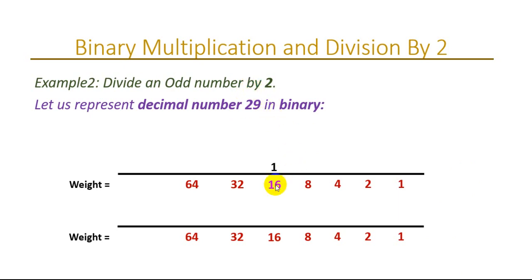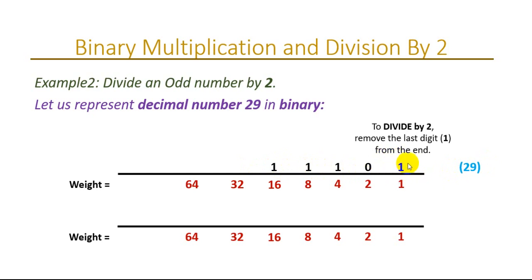How do you write 29? 1 16, 1 8, that is 16 plus 8, 24, 24 plus 4, 28, and no 2's, and 1. That is 24, 28, and 1, 29. So this is how you write 1, 1, 1, 0, 1 for 29 in binary. Now we are going to divide this by 2. So the last digit has to be removed.